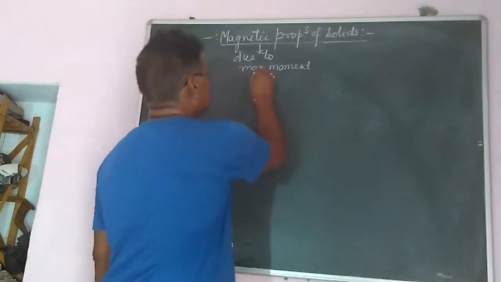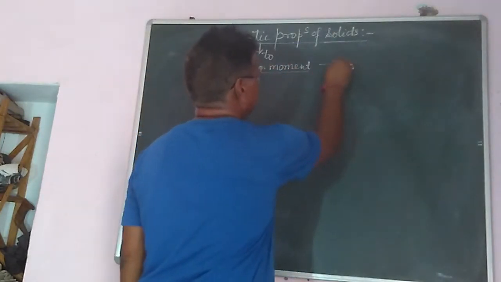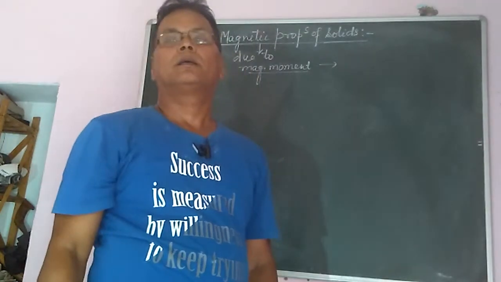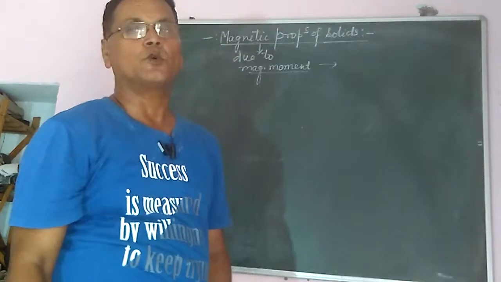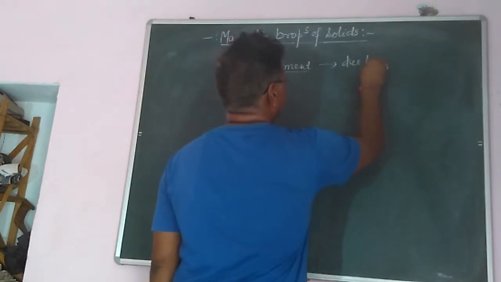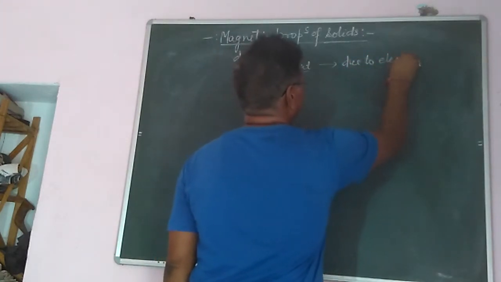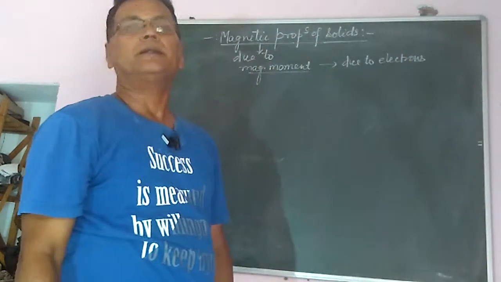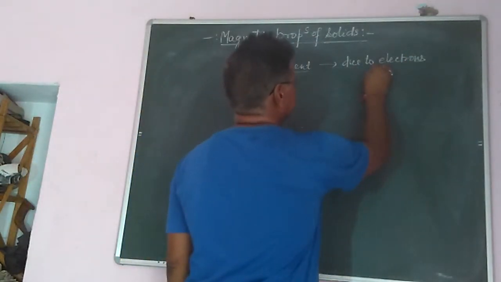And this magnetic moment is caused by the charged body, electrons. It is actually due to electrons. And an electron is a charged body.